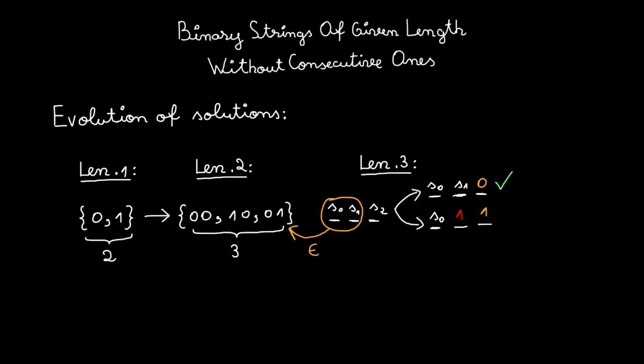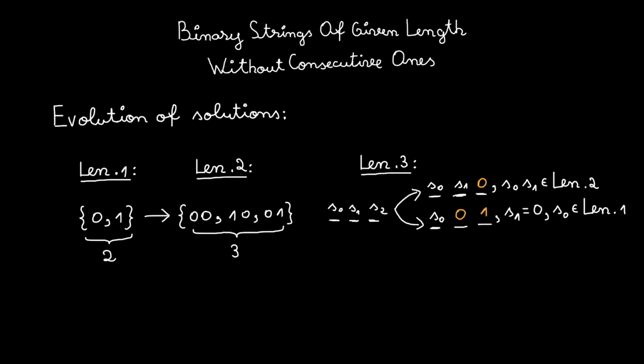In this scenario, S1 would be 1, and as you can see, we have 2 consecutive ones. So the string is not valid. And this is exactly what happened when we picked the string 0, 1. In conclusion, in this scenario, S1 could not be equal to 1, so its value is going to be 0.